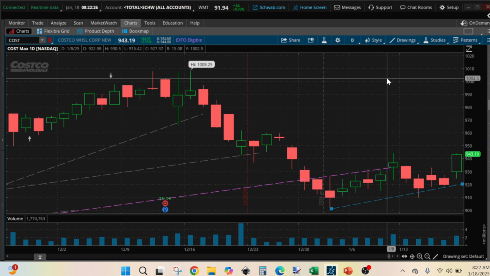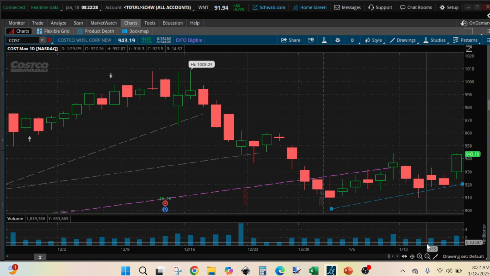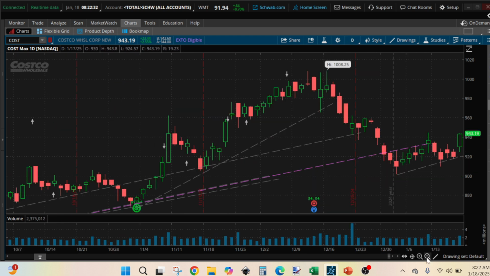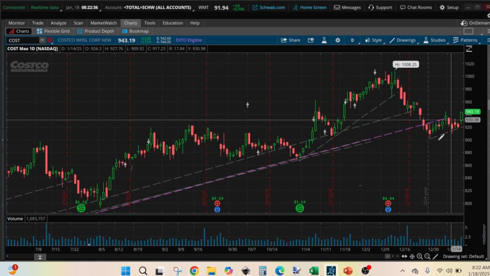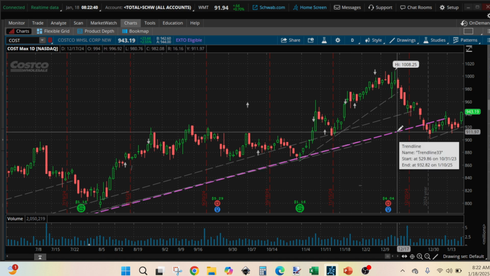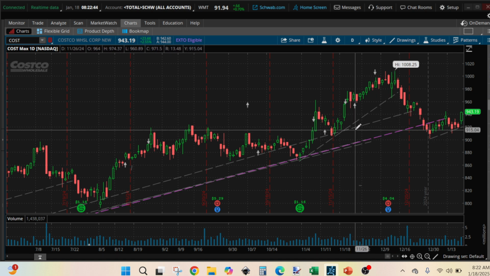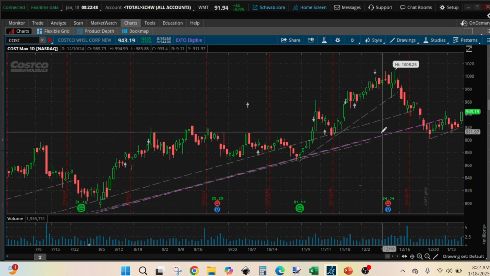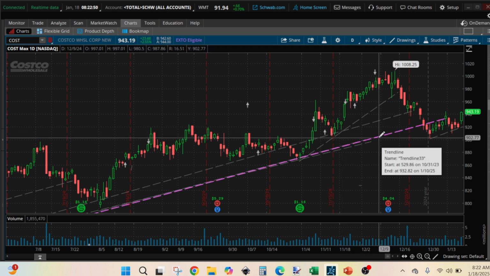So depending on your swing trading strategy, you might trace a shorter support line around where the price is, or you might trace a longer support line. It depends on your strategy. With our strategy, the long uptrend line swing trading strategy, we are using more our long trend lines.